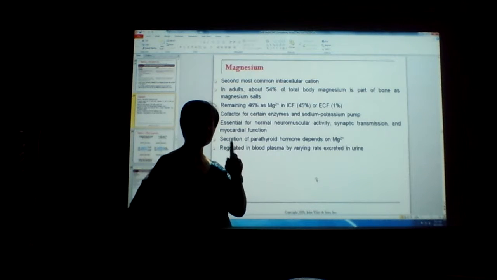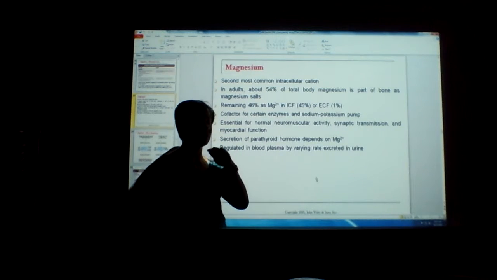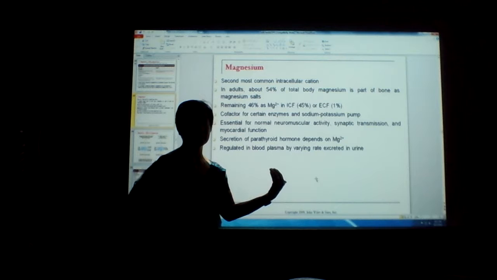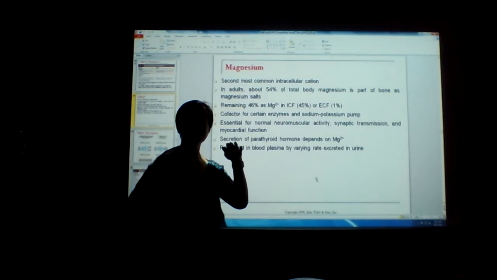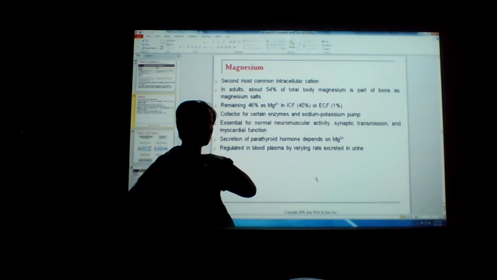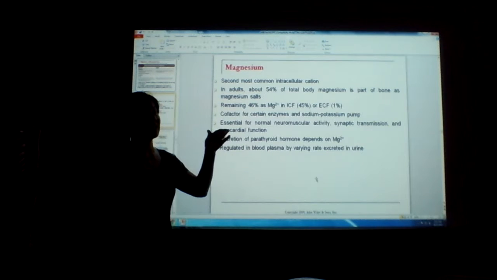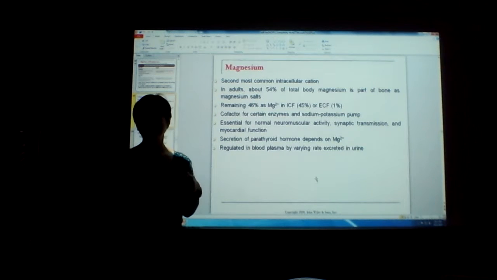There's another benefit to magnesium, and that is glucose homeostasis. Magnesium actually helps insulin in doing its job. So normal levels of magnesium help in glucose homeostasis, and if you are lacking in magnesium, maybe that increases your risk for developing diabetes.